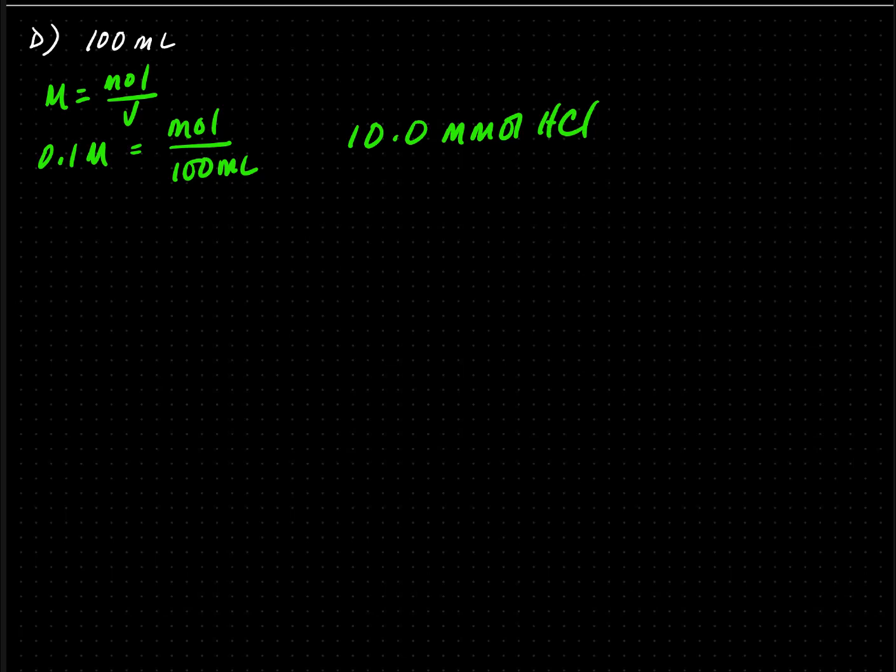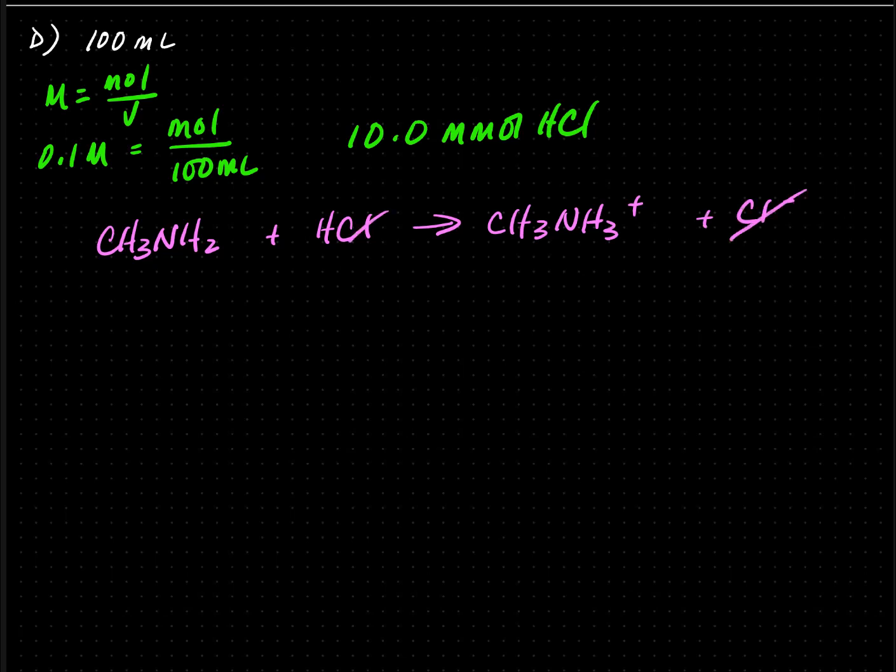Since there's strong acid added to the weak base, I need to see how many moles are neutralized, so I need to write an acid-base equation. It is going to be the same as in the previous slide. So it's CH3NH2, the weak base, and then HCl, the strong acid. You're going to do a Bronsted-Lowry acid-base reaction, and you get the following equation. Again, the Cl minus will cancel out here, and you'll have an H plus only.